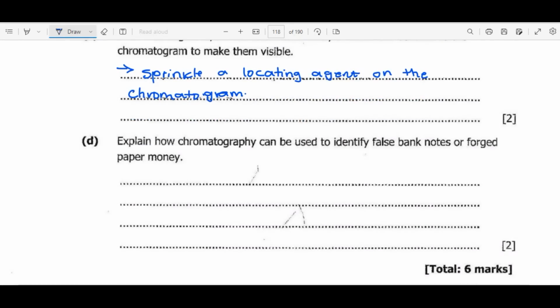Then we move on to D. Explain how chromatograph can be used to identify false banknotes or forged paper money.